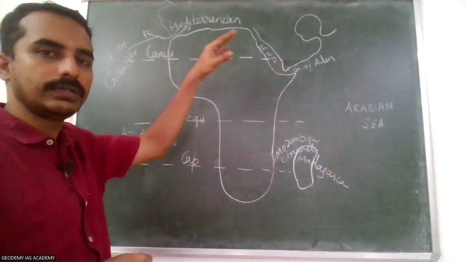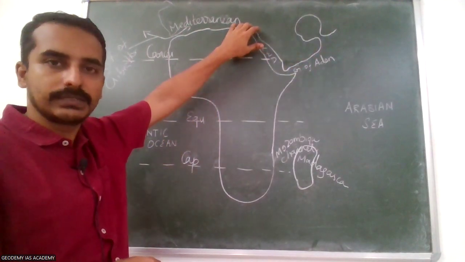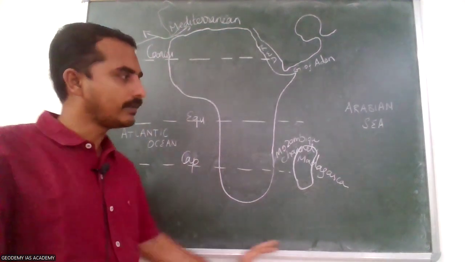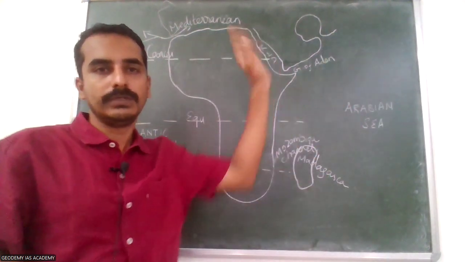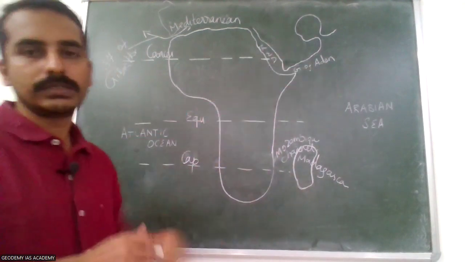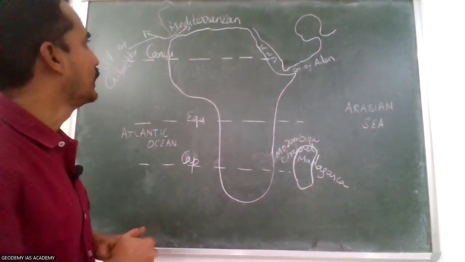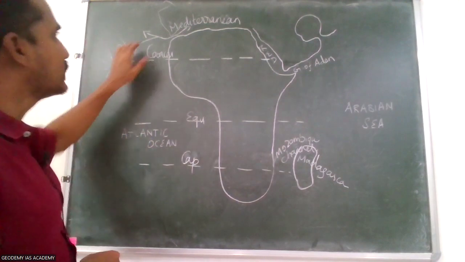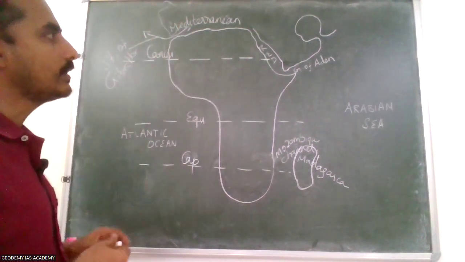Otherwise, before the construction of the Suez Canal, most countries went around the entire Africa to reach the South Asian countries. So the Gibraltar Strait is one of the important straits in the world. It connects the Mediterranean Sea and Atlantic Ocean.